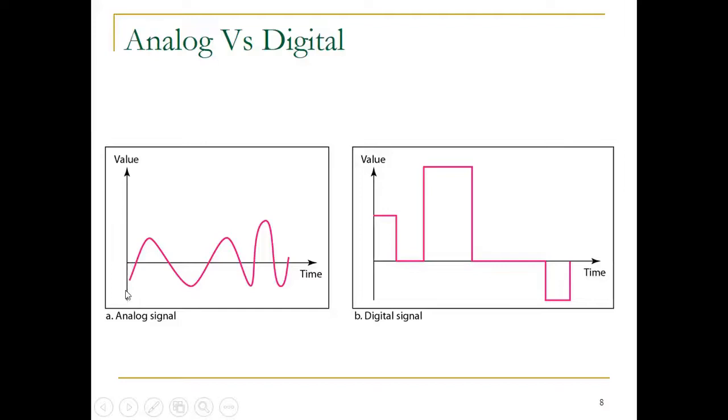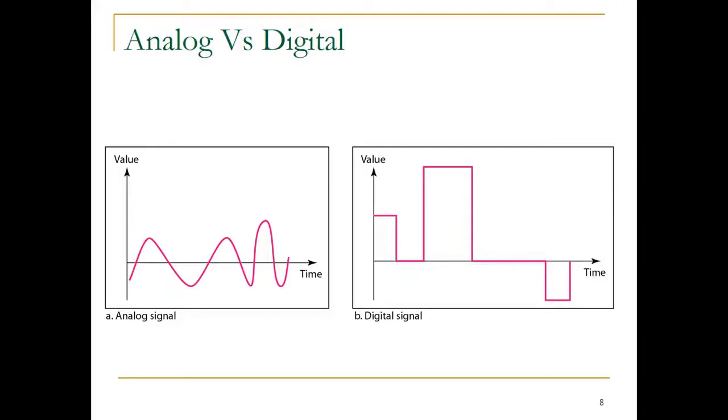An analog signal would have a continuous waveform, right? Whereas a digital signal would have that discrete state where its values are limited to either a high or a low, or on and off, or 1 or 0.